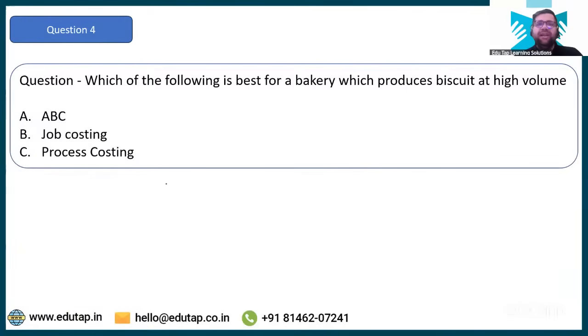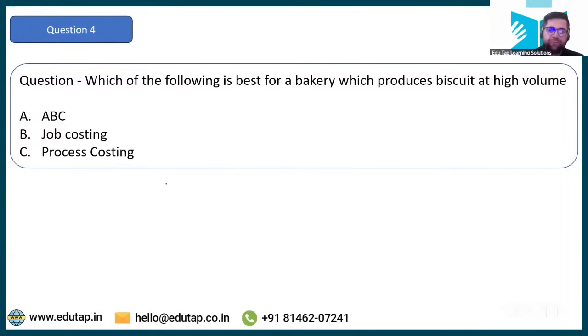Which of the following is best used in a bakery business which produces biscuits at a high volume? Now this question was also discussed. Yes, custom made will be the right answer then, if you are saying the option was made under custom.